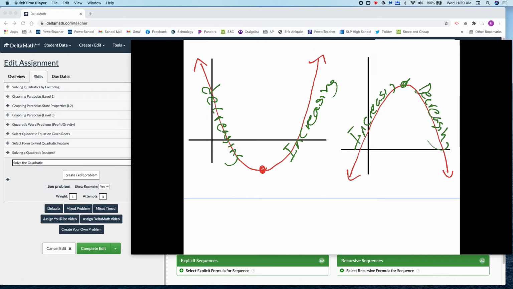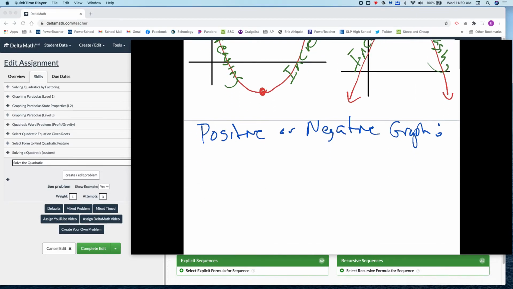Anytime something is referencing positive or negative on the graph, that's referring to whether it is above or below the x-axis. Positive or negative means positive y values or negative y values. So let me do a couple of these problems.